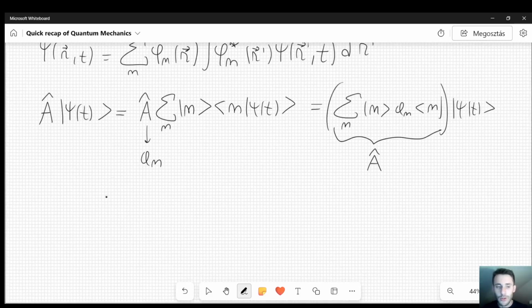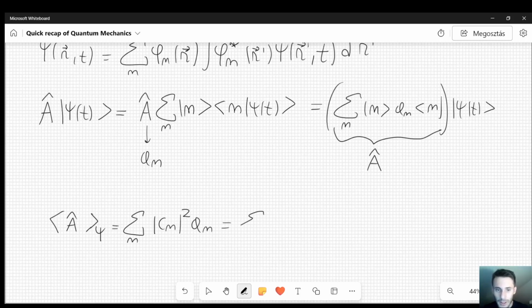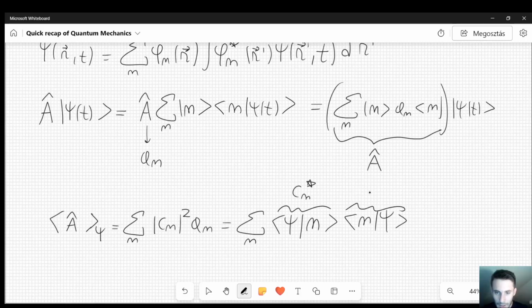And if you want, we can also rewrite the average that I wrote earlier, the average of A in the state psi, which you can take as a definition. You sum over n, you have the probabilities, c sub n mod squared, A sub n, and this can be written as the summation over n, inner product between psi and n, which would be c sub n star, and then you have n inner product psi, and this would be c sub n.